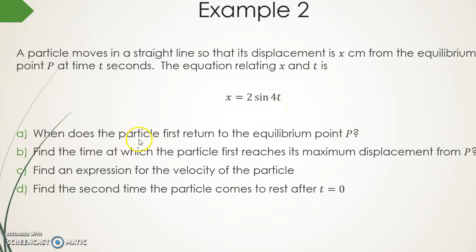We want to work out when the particle first returns to an equilibrium point. Find the time at which the particle reaches its maximum displacement from P, so P is the original position. Find the expression for the velocity of the particle, and find the second time that the particle comes to rest after the initial time.